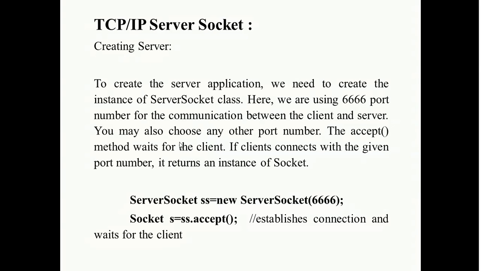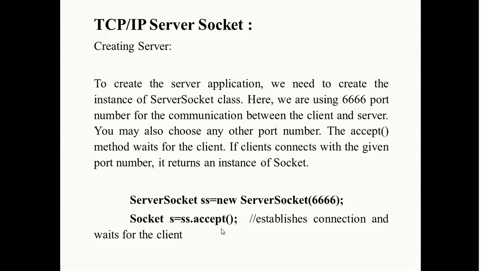Here the syntax is ServerSocket ss, where ss is an object or instance of the ServerSocket class, equal to new ServerSocket with port number 6666. Then next, Socket s equal to ss.accept().